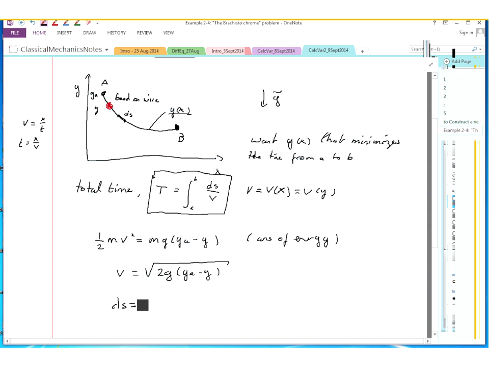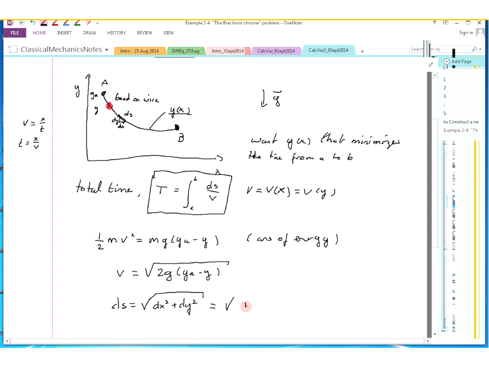So this is like a neat little trick. ds is equal to the square root of dx squared plus dy squared. I can break up this little ds as a dx and a dy.